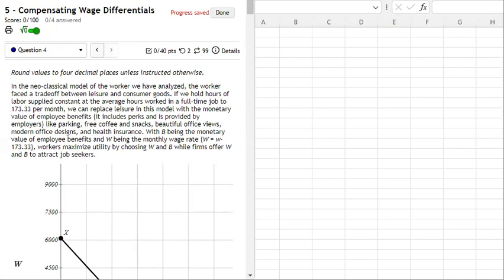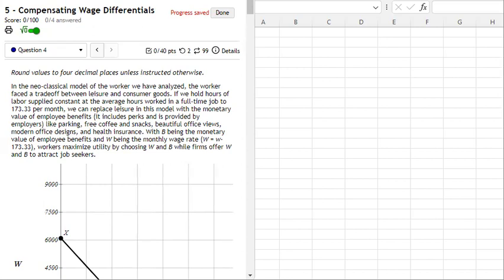So hours worked is given, which means leisure is given. And so workers are going to have a trade-off between non-monetary benefits and wage income. And we're going to look at not the wage rate per hour, but the monthly wage rate.